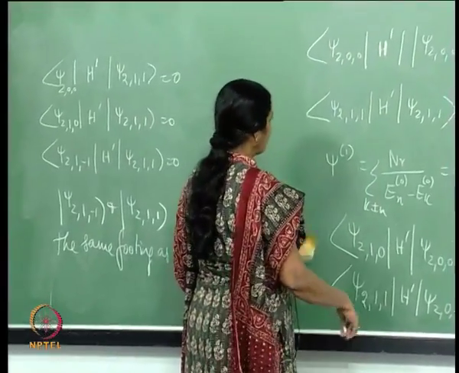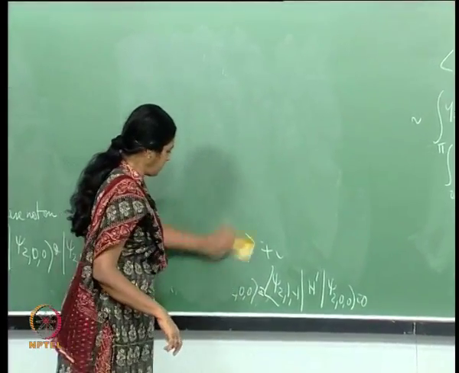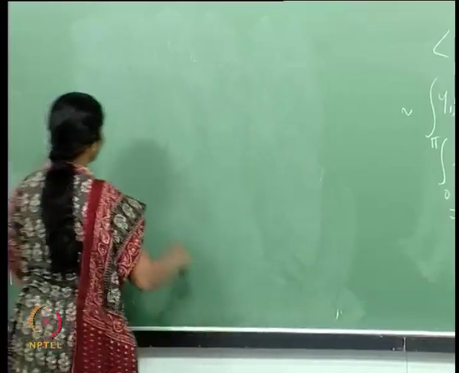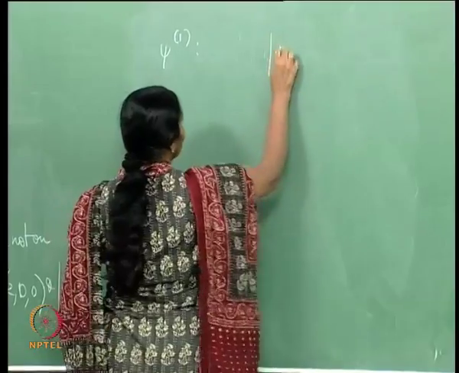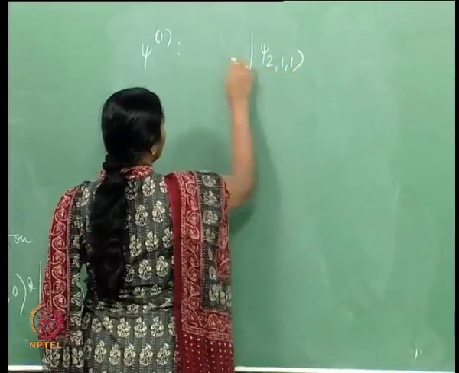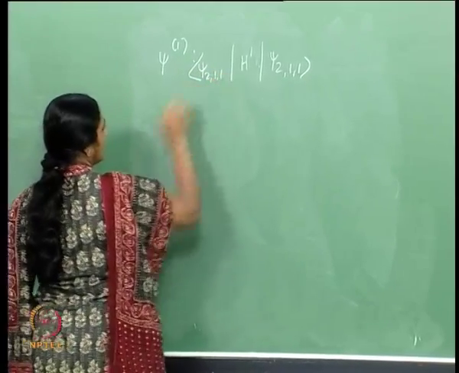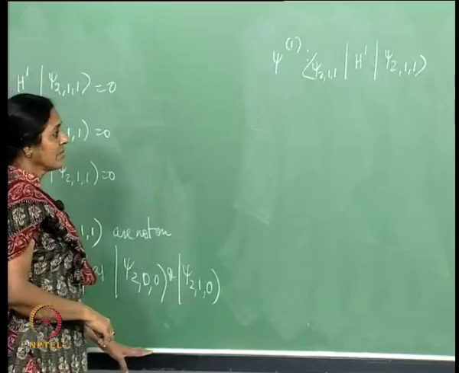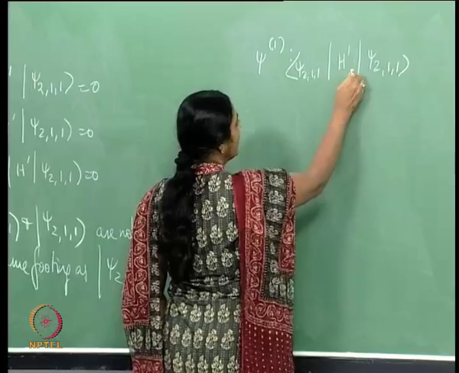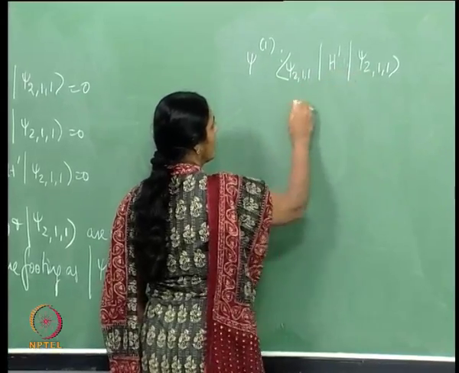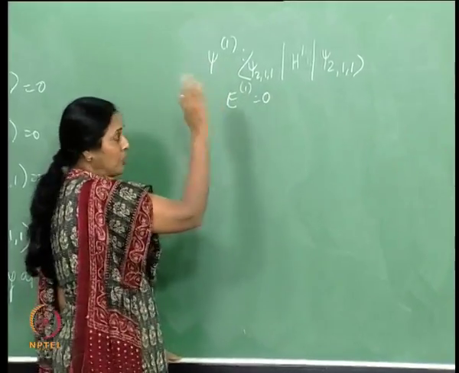What is it that I have? In the first order of perturbation, if I look at the state psi 2 1 1 and its energy eigenvalue contribution, what is it that I have? Unfortunately, this cannot connect these two states. So, the energy contribution is 0, parity arguments.